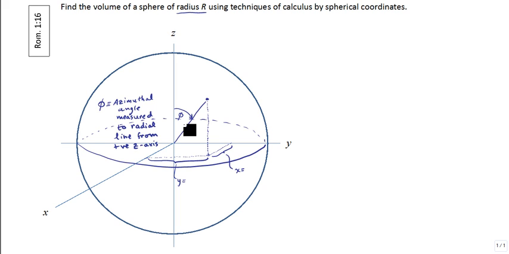And if this line has a radial distance, let me call it r, then if I were to project r down into the xy plane, it's going to have that length. If this is phi, then by alternate angles, this is also phi.